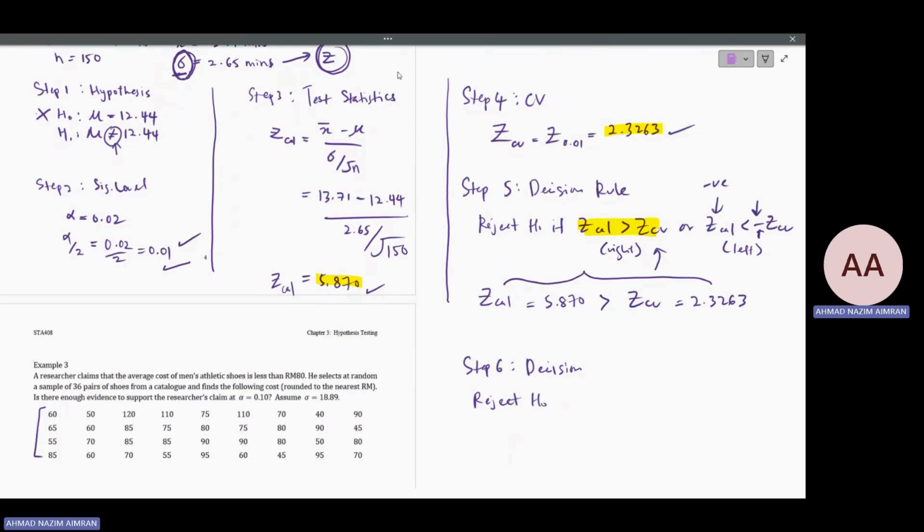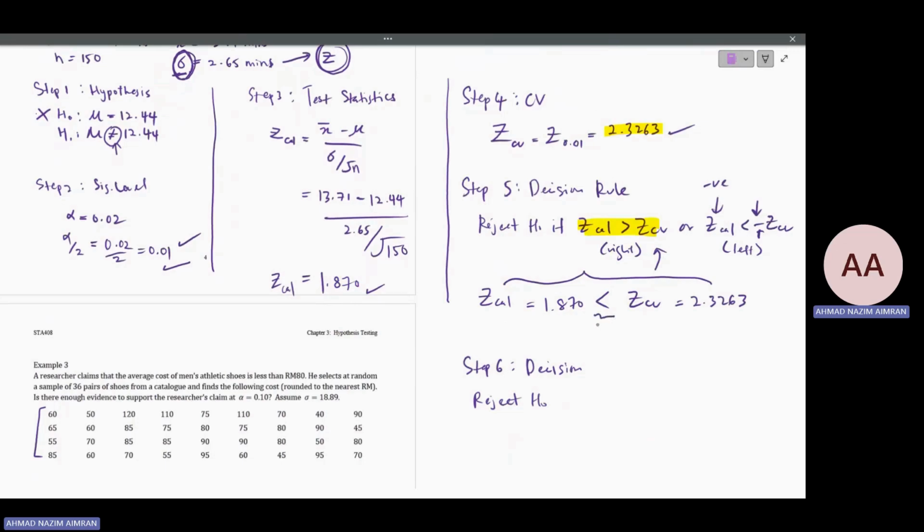But in case, for example, instead of 5 you get 1.870, you will compare 1.870 with the Z critical value. In this case the Z calculated is less than the Z critical value, right?